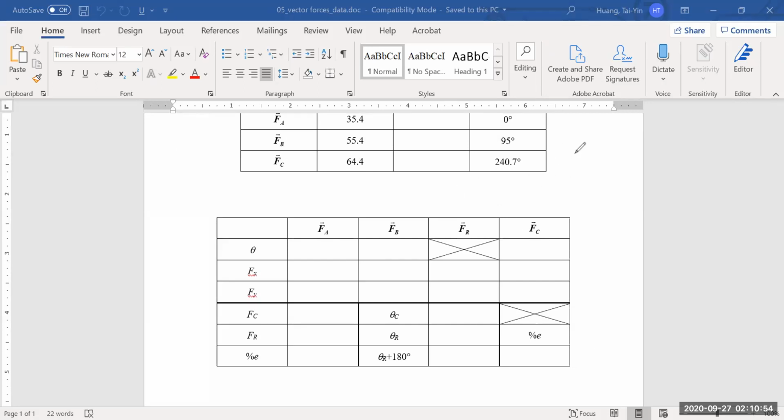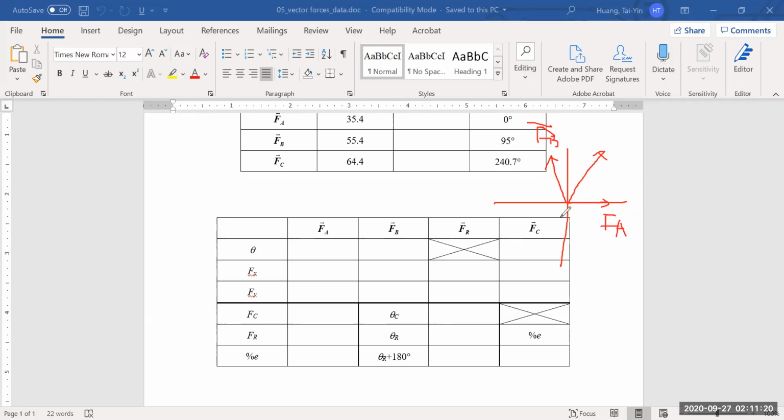In order to determine theta R, you have to draw it on the XY axis. FA is in 0 location, 0 degrees. FB is 95, so this is your FB. Okay. So your theta R is right here somewhere.